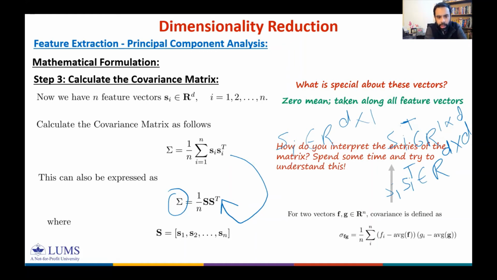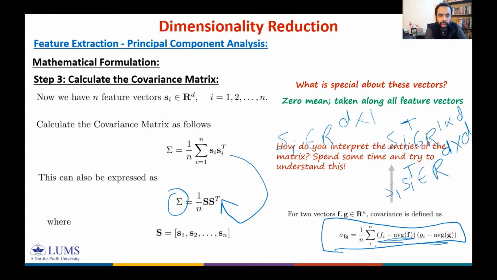If I give you two vectors f and g, each belonging to R^n, we define the covariance of these two as follows: first you de-mean, subtracting the average from every value, and this is also de-meaned. And what's left is simply an inner product, a normalized inner product.